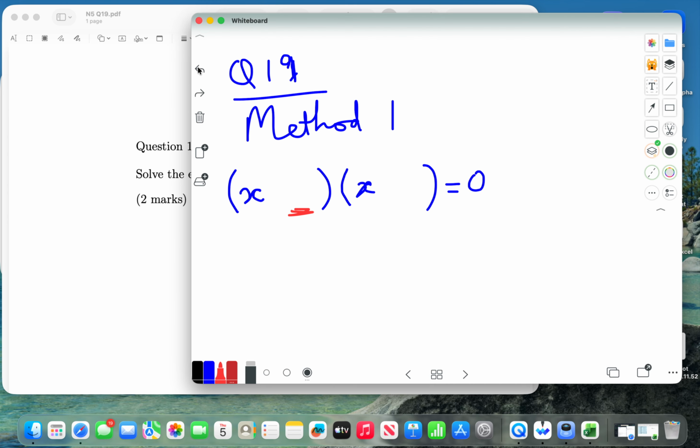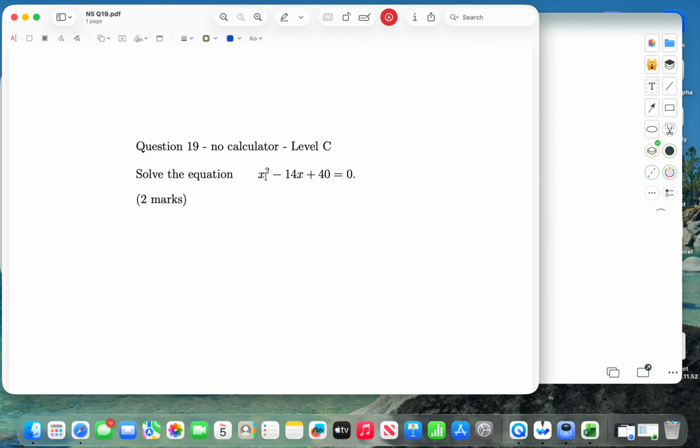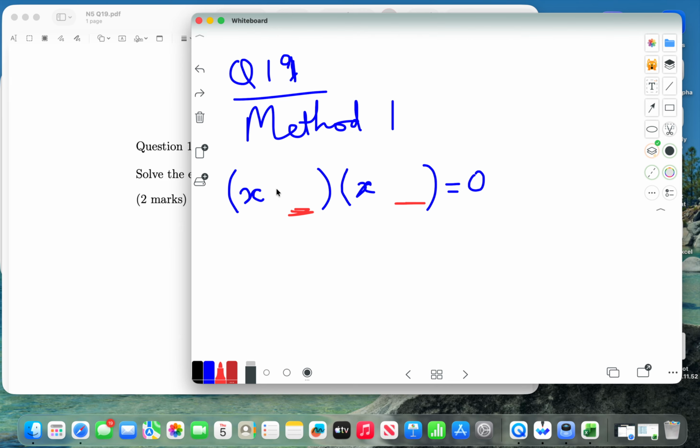Take all of them away. So we just have 1x and 1x. Now we need to find a combination of numbers such that they would add to get minus 14 and multiply to get 40, and we then put the numbers in the slots.